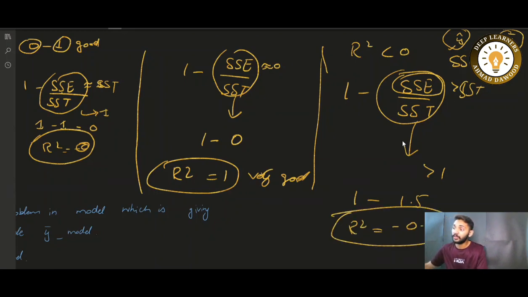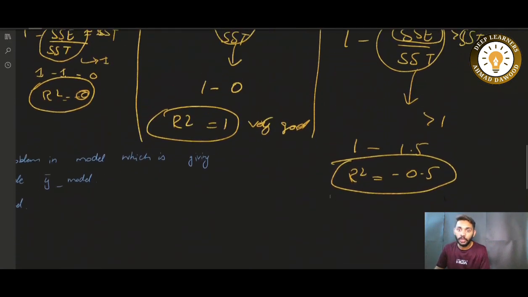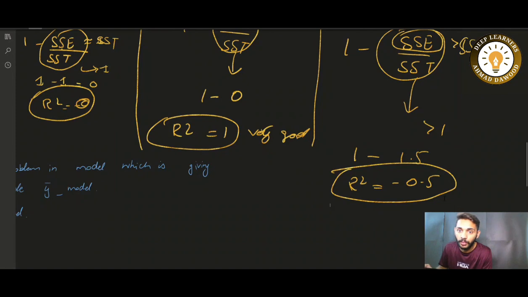There must be some problem in your model. Maybe the model is giving very bad accuracy, or very high error as compared to a very simple model, which is SST, which is just the mean of the target column.